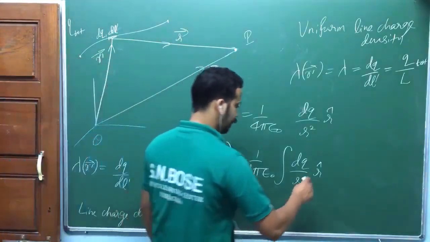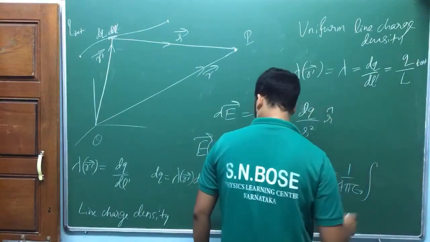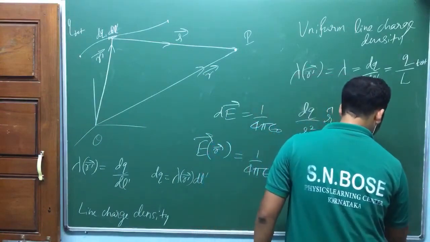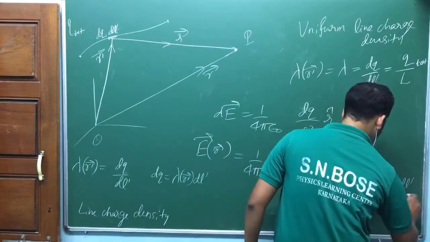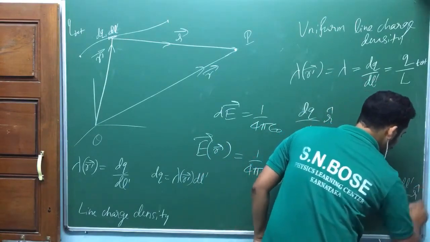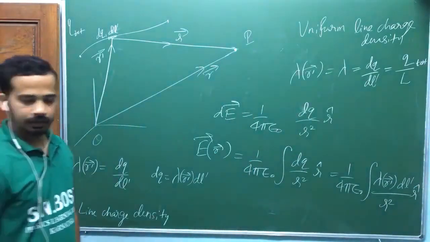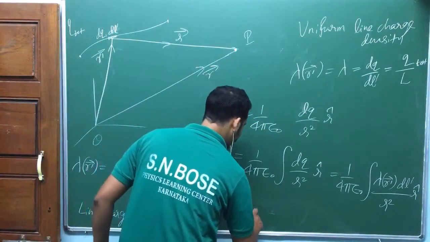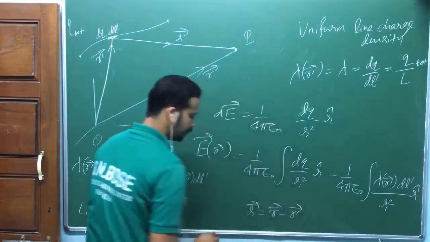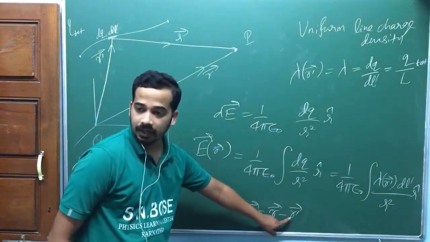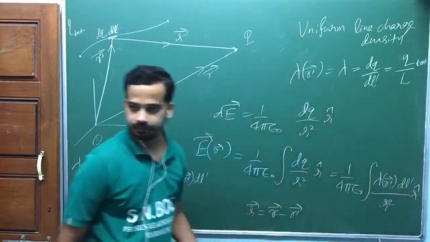So 1 by 4 pi epsilon naught integral of lambda of r prime vector into dl prime, divided by r square, into r cap. If you see clearly, that r vector is equal to r vector minus r prime vector, and that integral is over this r prime again. That's why we write dl prime.